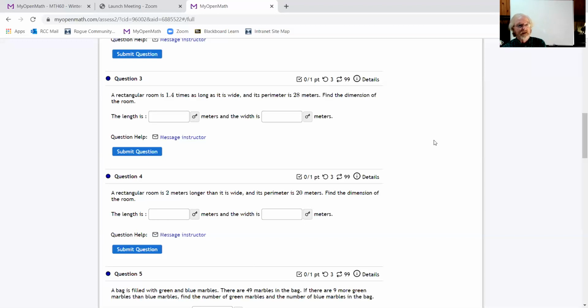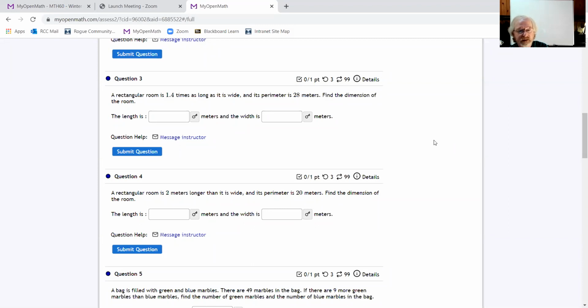You have to remember your perimeter formula, that total value of 28 in my problem, right? 28 is twice the width plus twice the length, right? And then we have a relationship between the length and the width. And usually it's the length equals some version of the width, right?